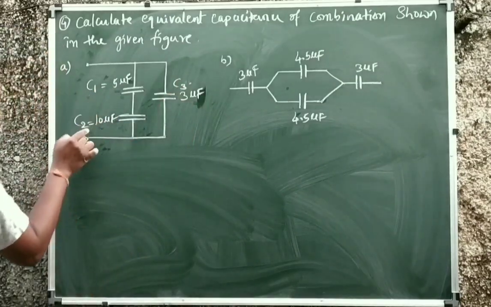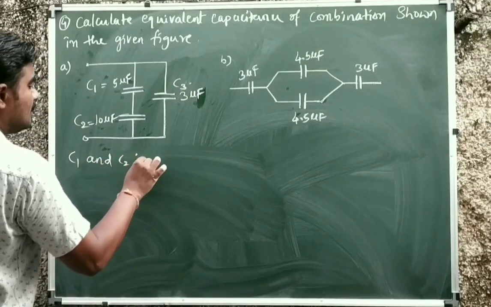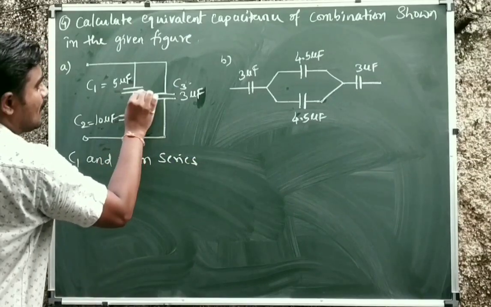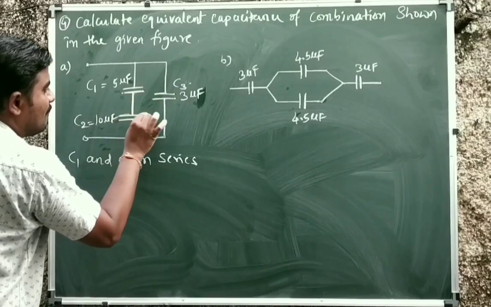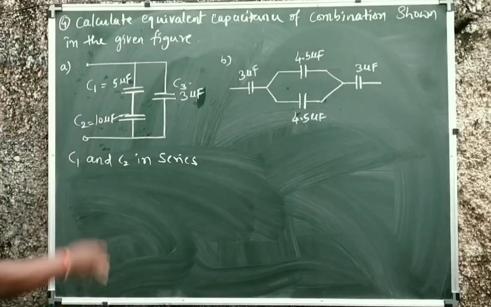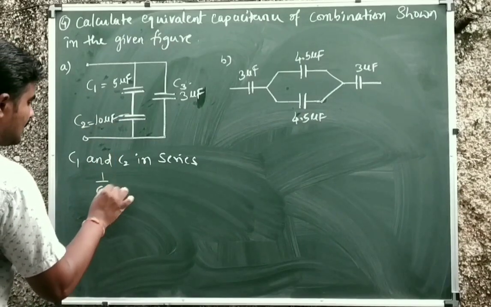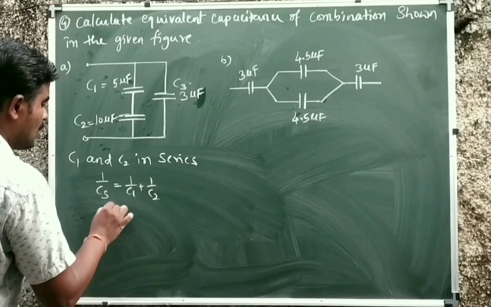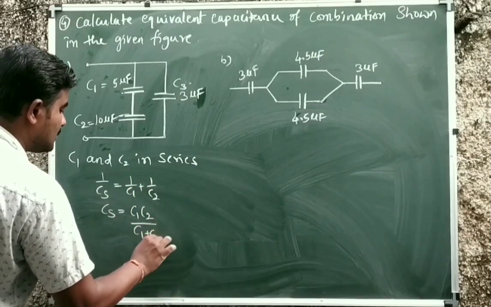C1 and C2 are in series. See here, one plate of the first capacitor is connected to another plate of second capacitor, right? Therefore these two are in series. So 1 divided by Cs is equal to 1 by C1 plus 1 by C2, or Cs is equal to C1 C2 divided by C1 plus C2.